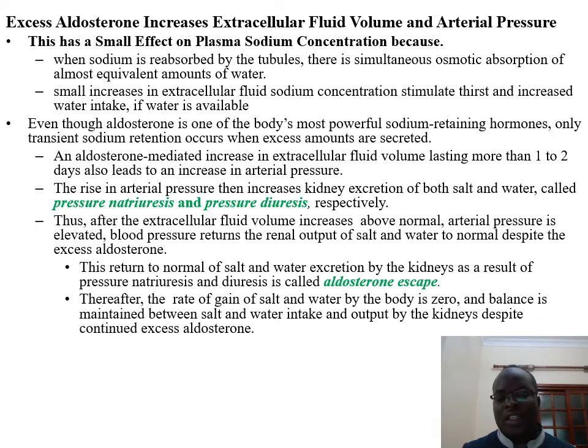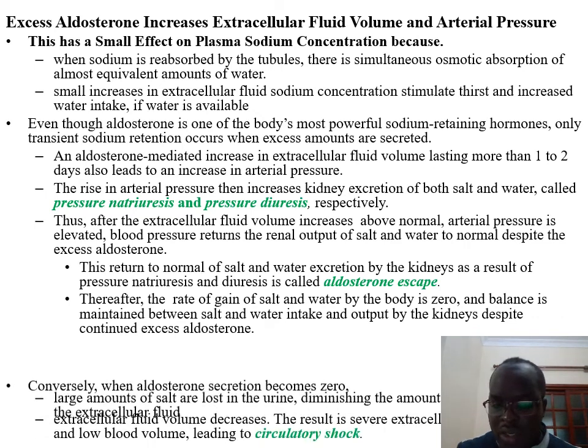The diuresis that takes place there in the kidneys is because of the excessive amount of aldosterone that is increasing reabsorption of sodium and reabsorption of water, increasing the arterial blood pressure. Then you are filtering a lot of salt and water to compensate so that you don't see a lot of effect due to the excessive amount of aldosterone. So this is referred to as aldosterone escape.